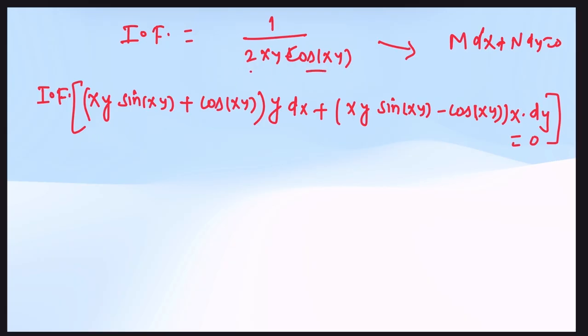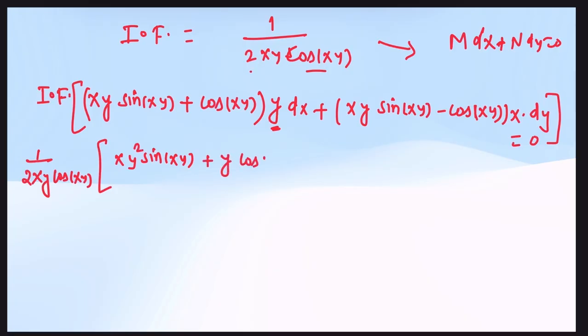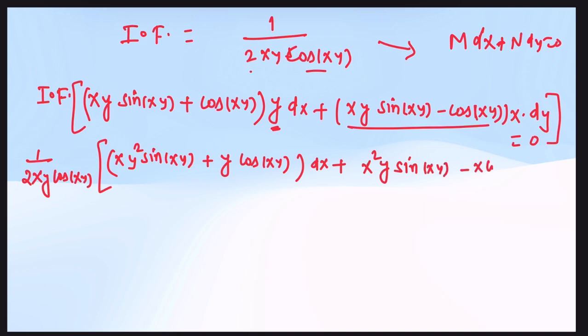Here we multiply 1 upon 2xy into cos xy upon xy sin xy, and we also multiply by the y square plus y cos xy dx, plus we multiply by x to this factor, so it becomes x square y sin xy minus x cos xy.